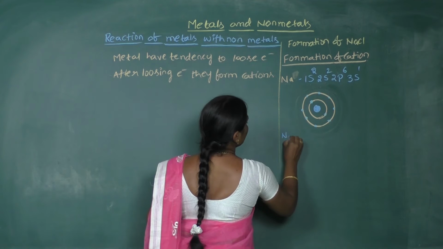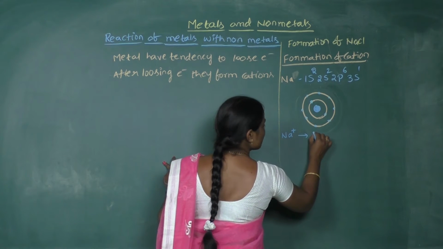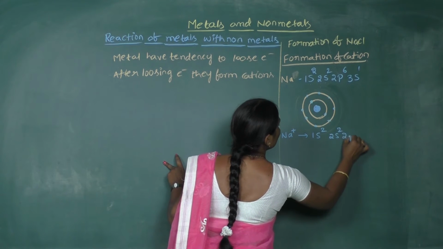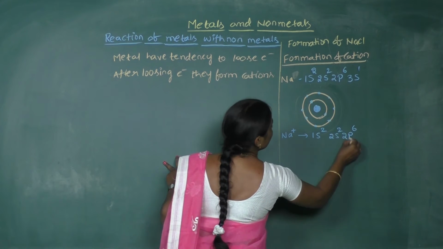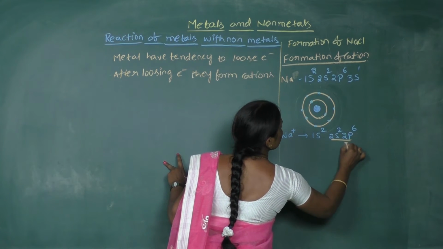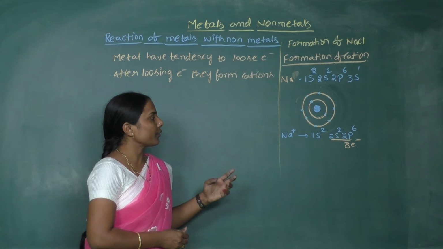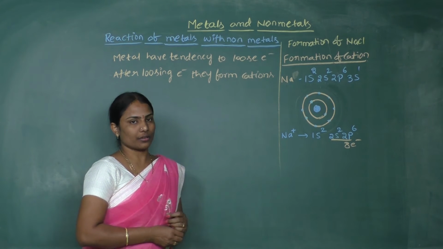Then what is the configuration of the Na plus ion? It is only 1s2, 2s2, 2p6, meaning 8 electrons in the outermost shell. To attain that octet, sodium readily loses electrons.